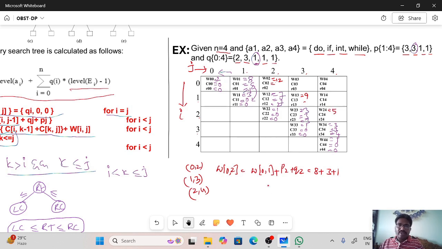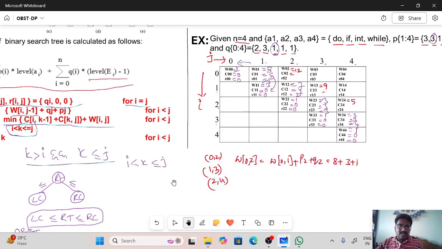Now I am going to find the cost. So what is the cost of 02? Now observe clearly. Cost of 02 is nothing but the minimum of, first equation I am writing. What is the k possible value? Greater than i, yes 0, so greater than 0 is 1, and less than or equal to j.